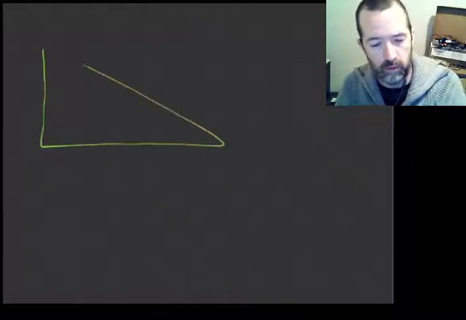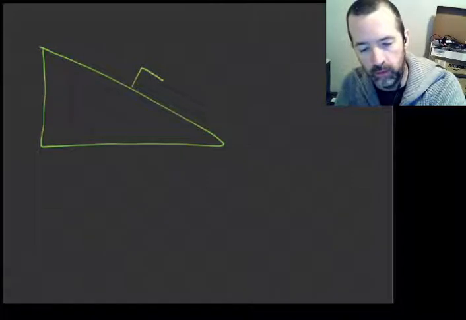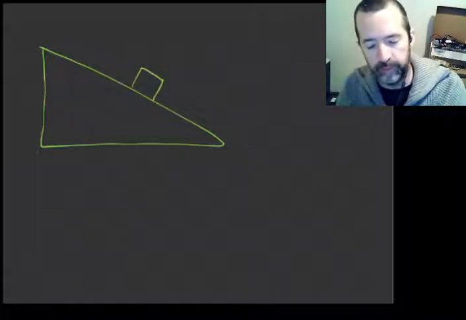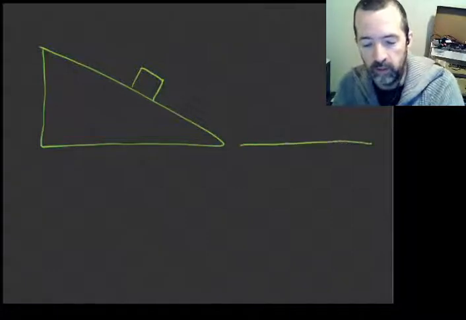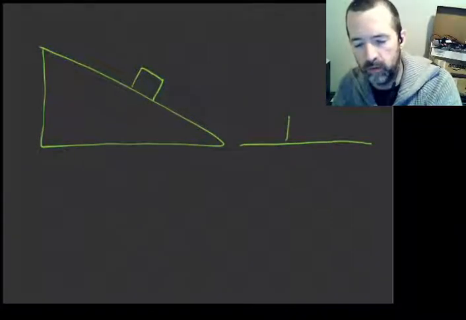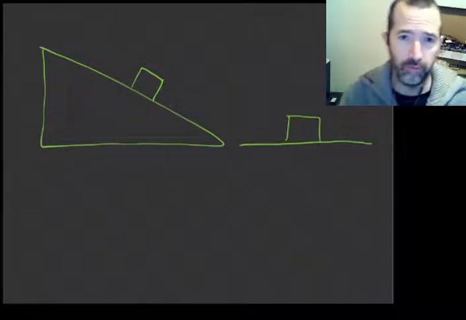So what I'm going to do is sketch the situation for you. I've got a ramp, and I'm going to put a block on that ramp. And to the side, I'm going to make a horizontal version just for the sake of you remembering.